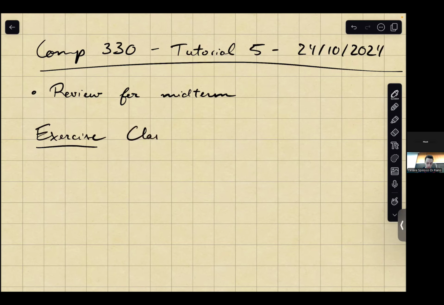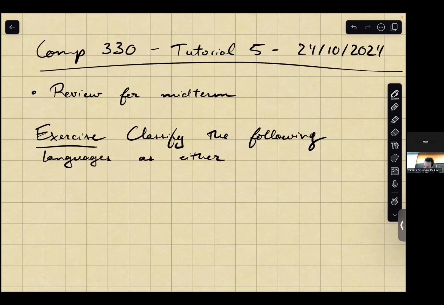So it will be to classify the following languages as either, the first option will of course be regular, in which case we'll have to give an FA or a regular expression that accepts or recognizes it.